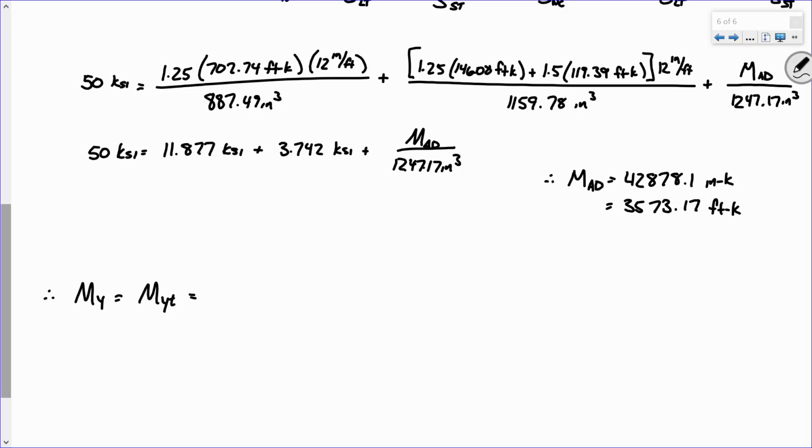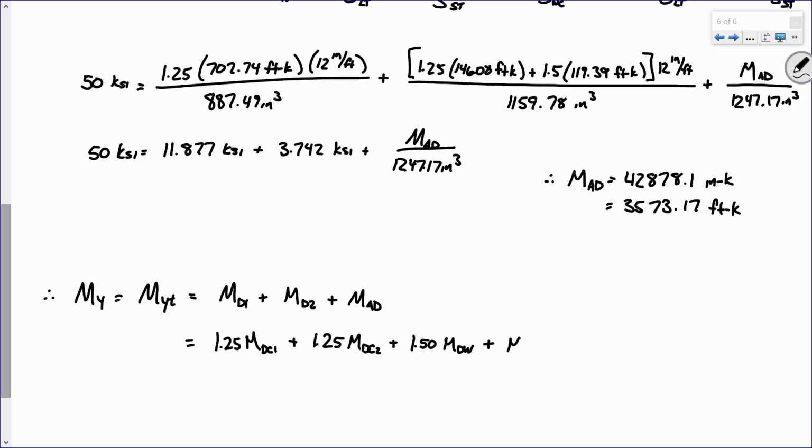That is MD1 plus MD2 plus MAD, which is 1.25 MDC1 plus 0.25 MDC2 plus 1.5 MDW plus whatever that additional moment is. So that's why we left the load factor off there, because if you wanted, you could have included it before, but you'd have to divide it, and then now here you're multiplying it. No reason to put it there.